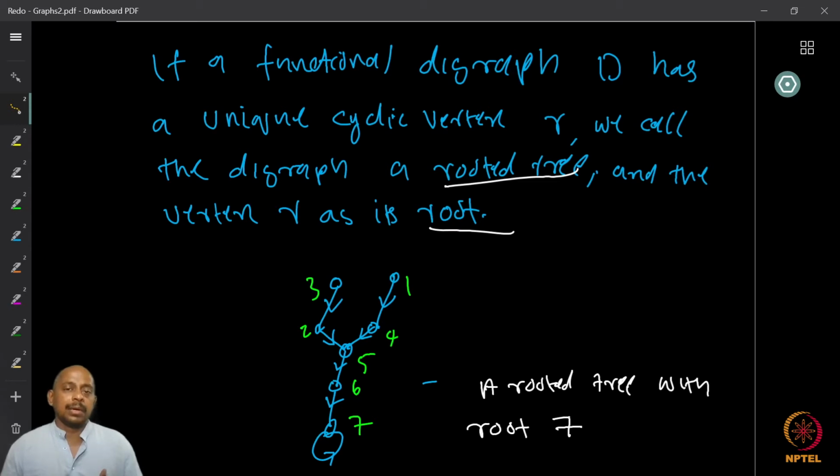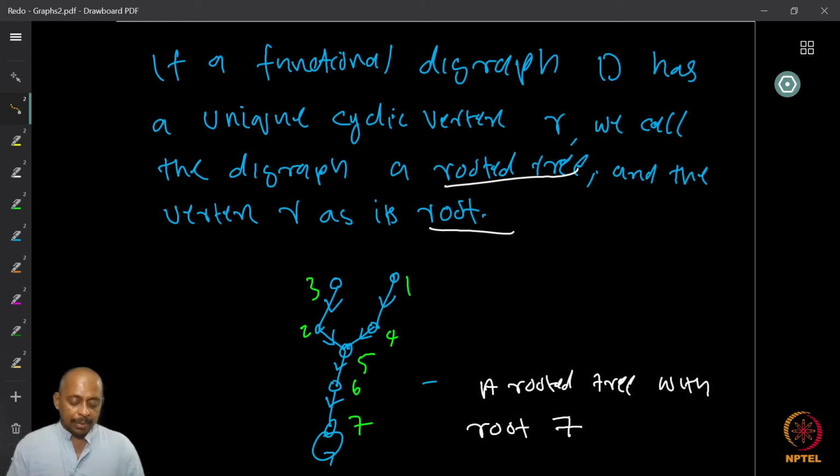Now, suppose you have a functional digraph, and suppose this graph has exactly one cyclic vertex. In the entire graph, there is only one cyclic vertex. Then we call this digraph a rooted tree. The rooted tree is basically a functional digraph where we have exactly one cyclic vertex, and the root is the vertex having a cycle.